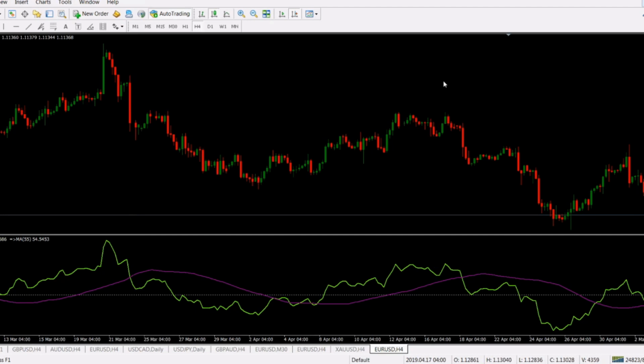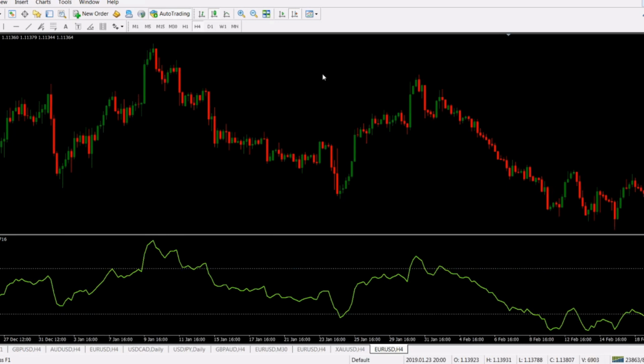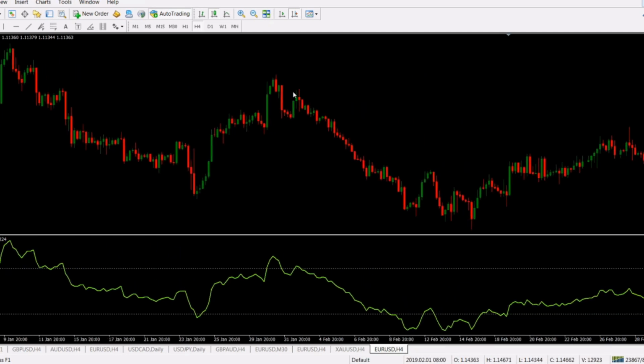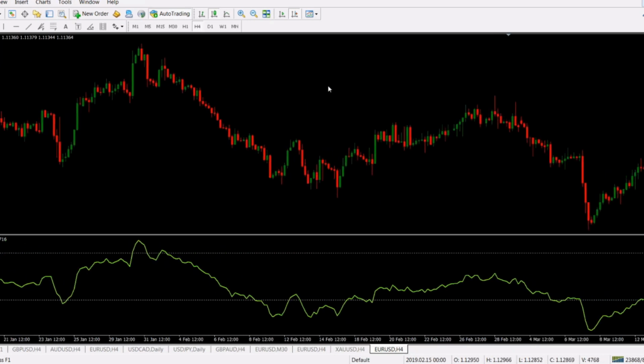Just try it. The indicator which I use over here is a simple indicator called Commodity Channel Index. That's the one, Commodity Channel Index. And the settings of the index are, I've got over here, 352. It's the period of that indicator.